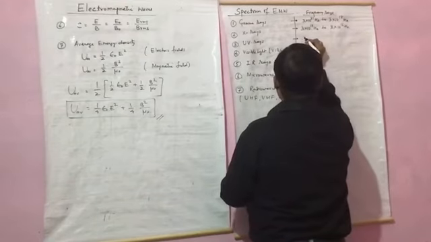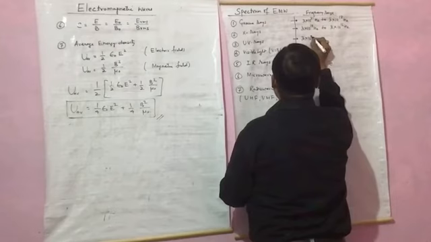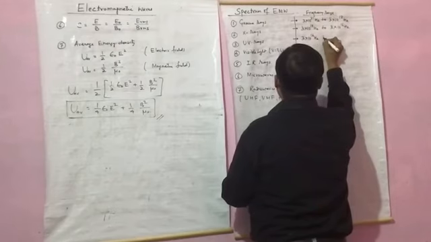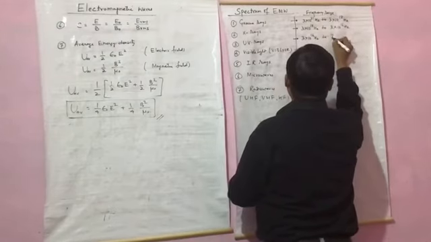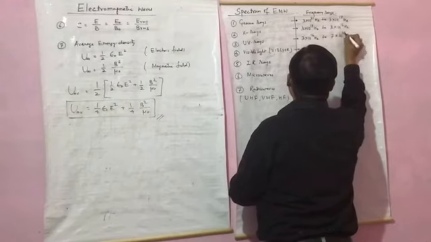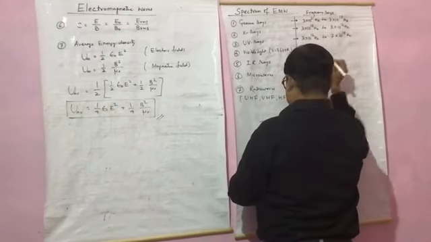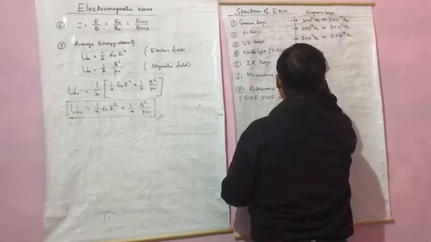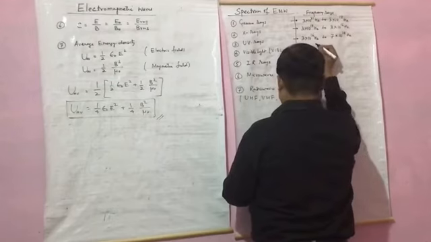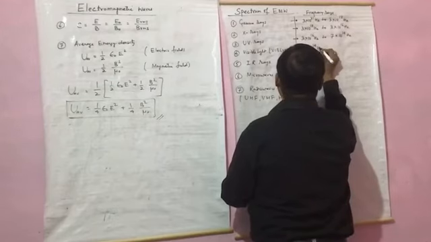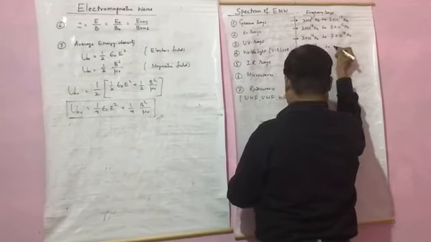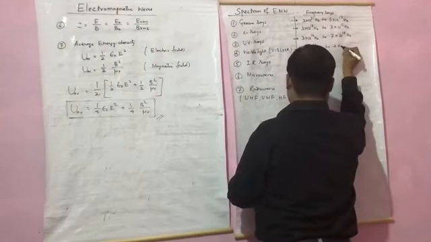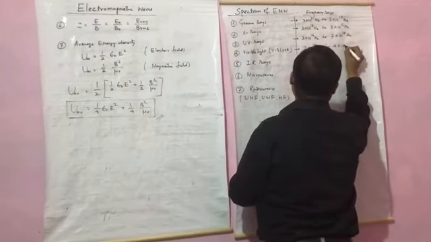Then UV rays 3 into 10 to the power 16 Hertz to 7 into 10 to the power 14 Hertz. Then visible light is 7 into 10 to the power 14 Hertz to 4 into 10 to the power 14 Hertz.